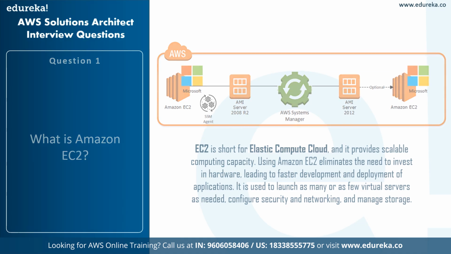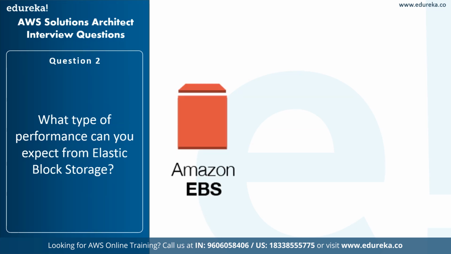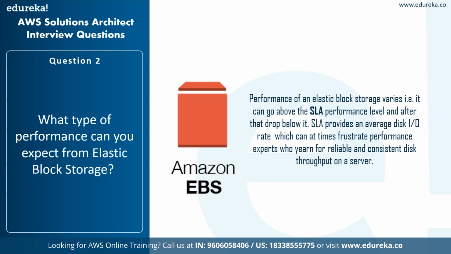So this was about Amazon EC2. Now moving on to the next question. What type of performance can you expect from Elastic Block Storage, which is also known as EBS? And how do you back it up and enhance the performance? The performance of Elastic Block Storage varies, that is, it can go above the SLA performance level and after that drop below it.